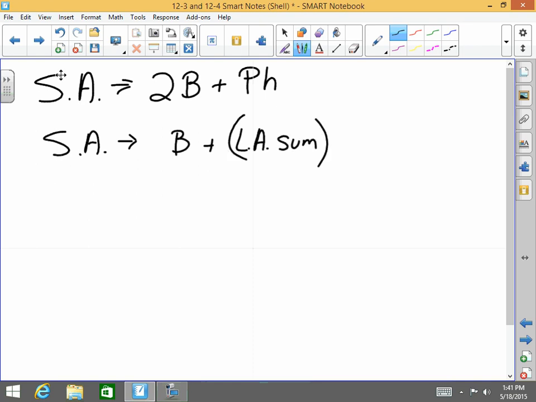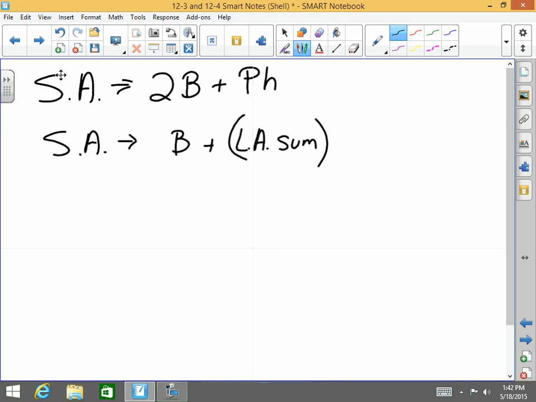You find the lateral area of each individual side. Now, when the pyramid is a regular pyramid, that means the base of the pyramid is a regular polygon. You can just find one face area by finding the slant height, find the area, and multiply it by however many sides you have.